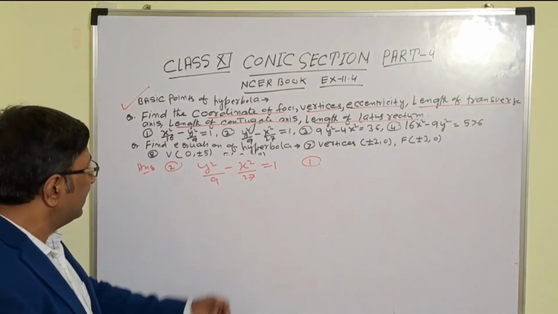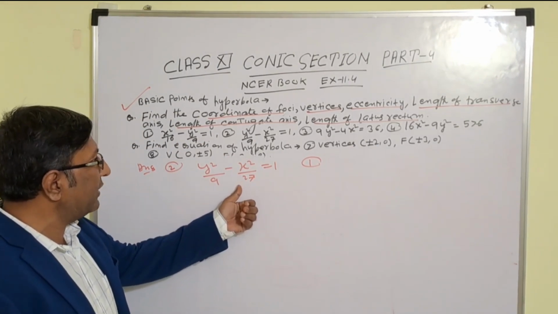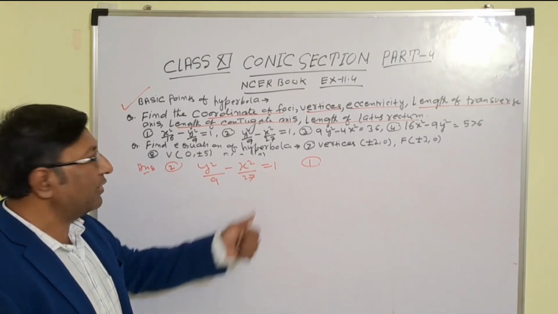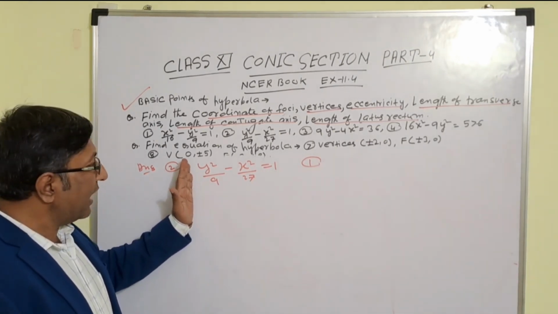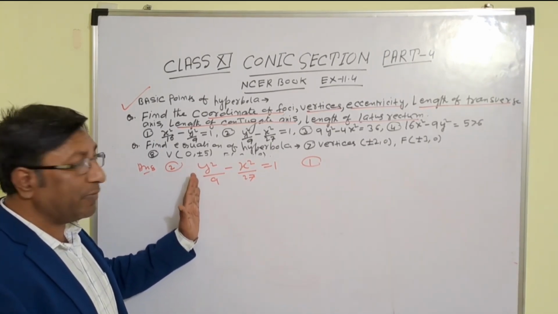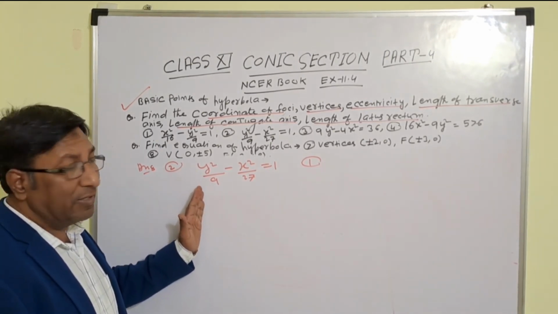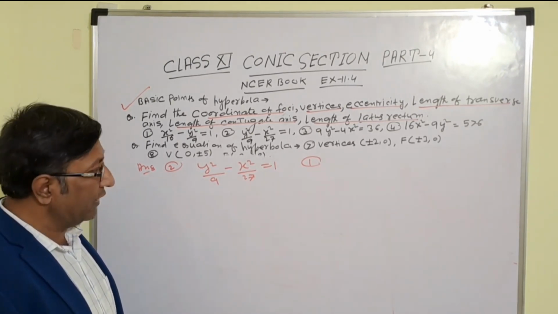Now we are saying y square by 9 minus x square by 27 equal to 1. So again here y is positive. So this hyperbola is along the y-axis, that is foci of hyperbola is on y-axis. So y-axis will be transverse axis and x will be conjugate axis.